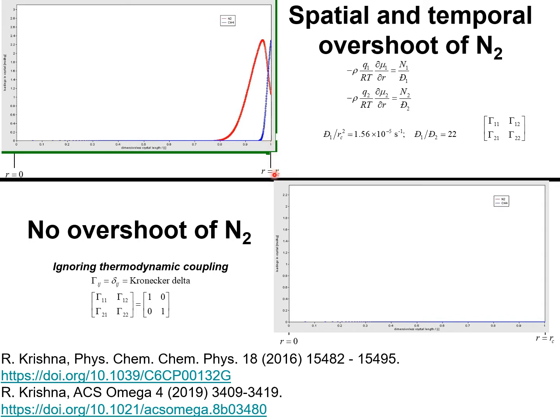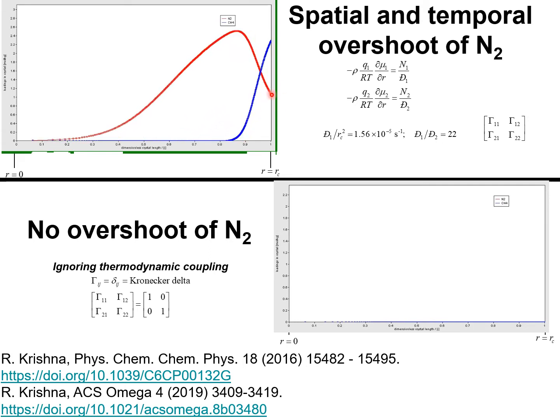This is the surface of the zeolite, which is in equilibrium with the bulk gas mixture. This is the center of the crystallite. The nitrogen loadings in moles per kilogram are shown by these red lines.